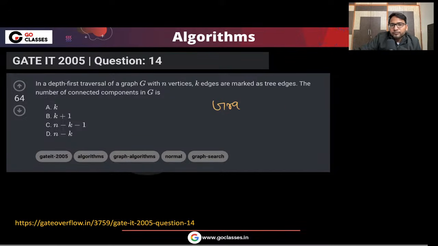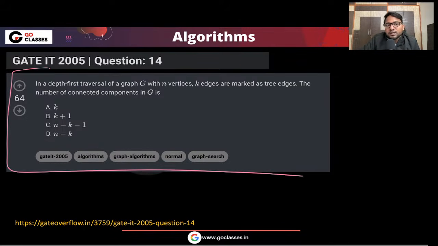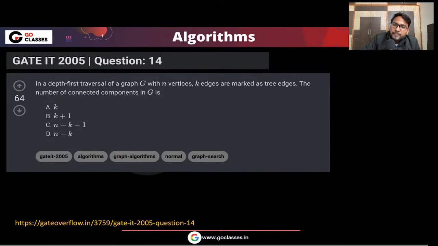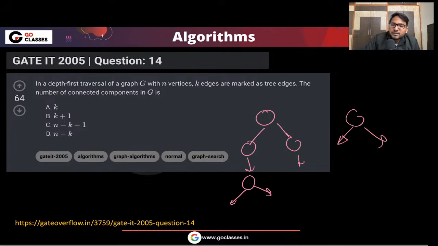This is an easy question, in the sense that if you have gone through graph theory, then it is easy. They are saying there are k edges in the forest. In the DFS traversal of the graph with n vertices, k edges are marked as tree edges. Let's suppose there are x connected components, which means this is one tree that you are getting, this is another tree, so there are x such trees.